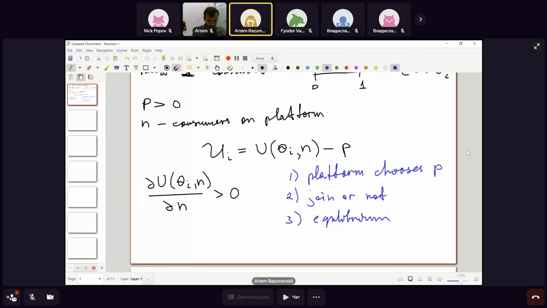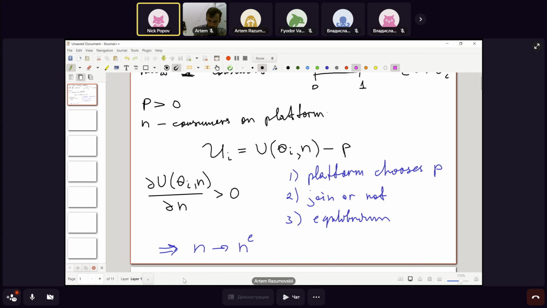So let me reformulate it a bit. We don't know the number of agents which will join the platform, but we can think about the expected number of agents who will join, and from this knowledge we will think about whether we should join or not.